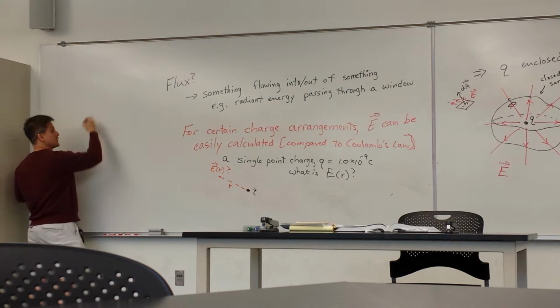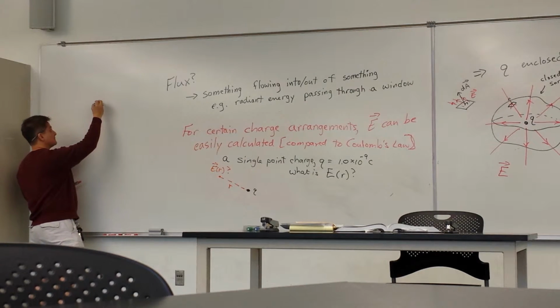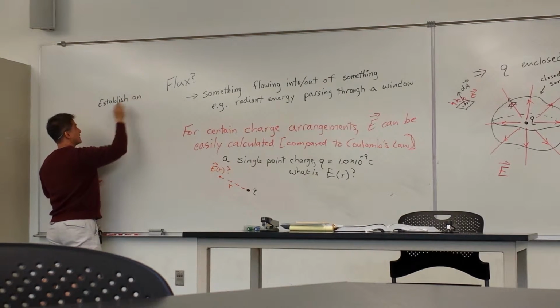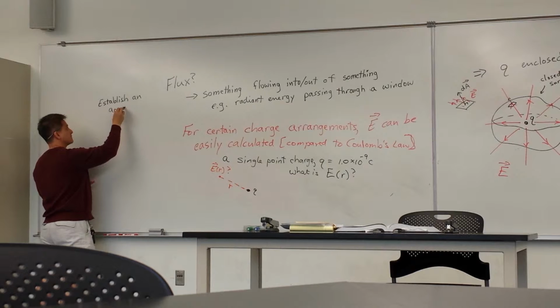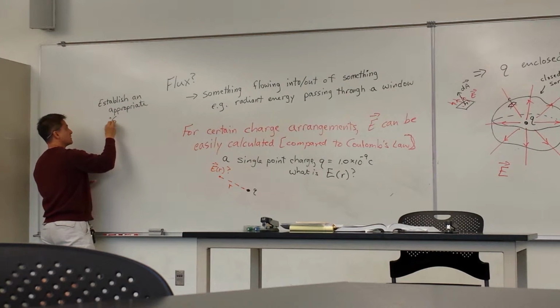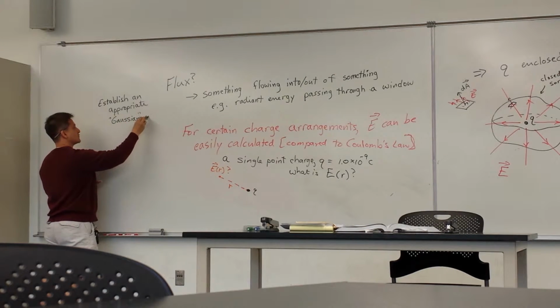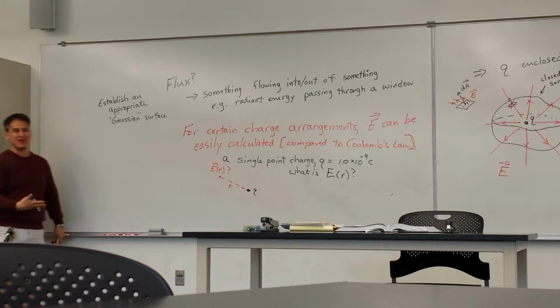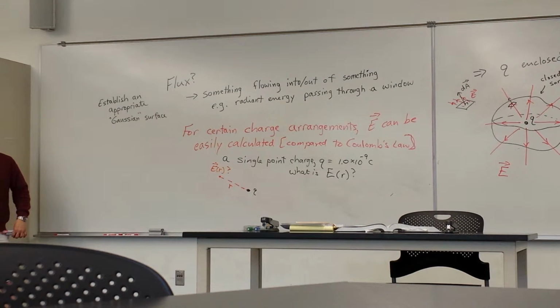So first thing we better do is establish an appropriate Gaussian surface. The term Gaussian just means it applies to Gauss's law. We call it a Gaussian surface, but it's basically an enclosed surface that's useful.